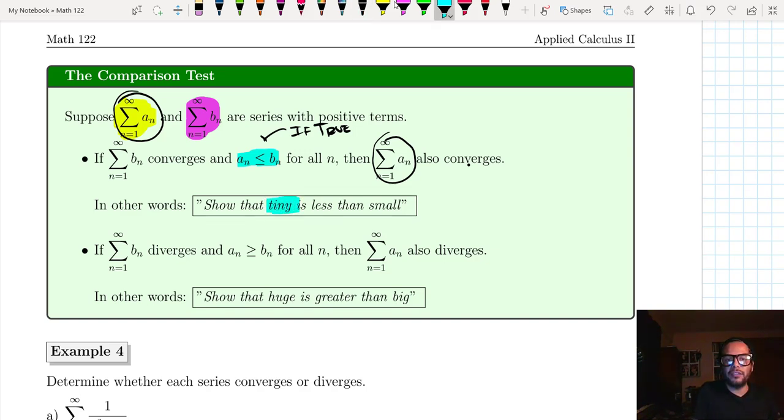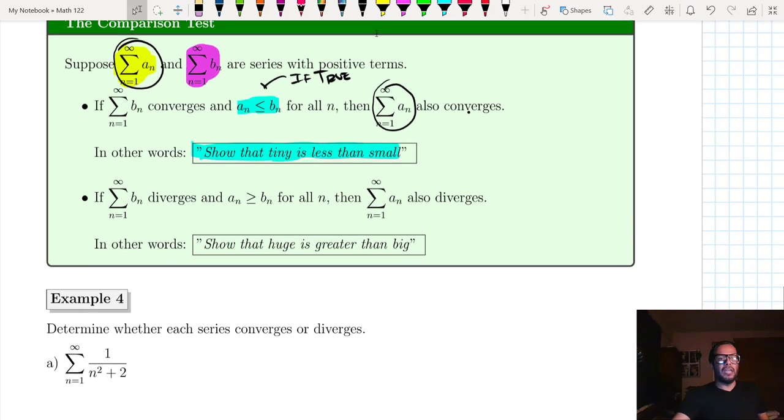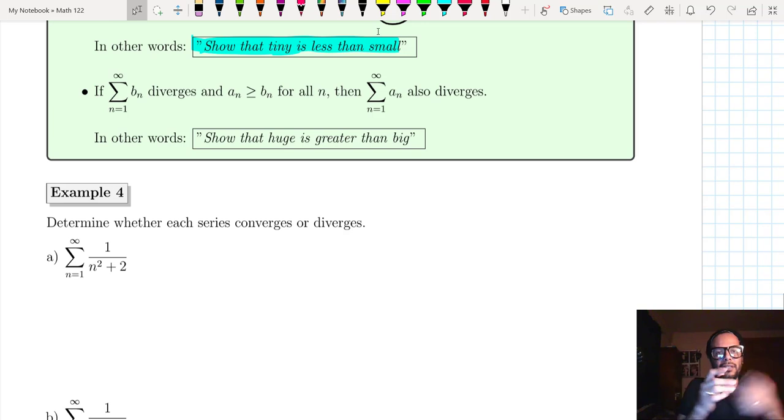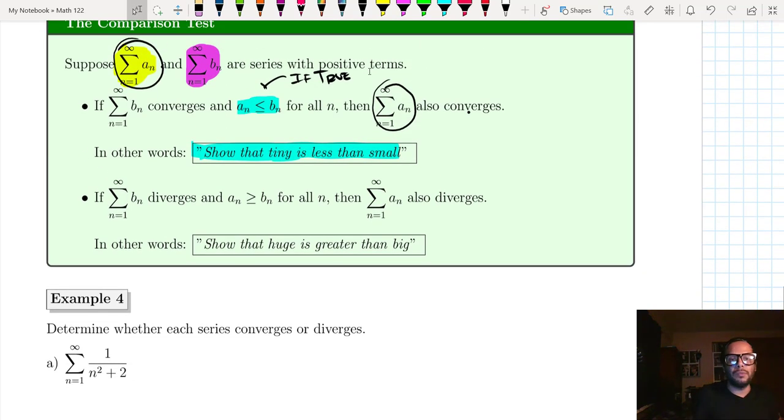Tiny is less than small. On the other hand, if we analyze the given series, and we can relate it to a series that diverges, then we set up the inequality the other way around.